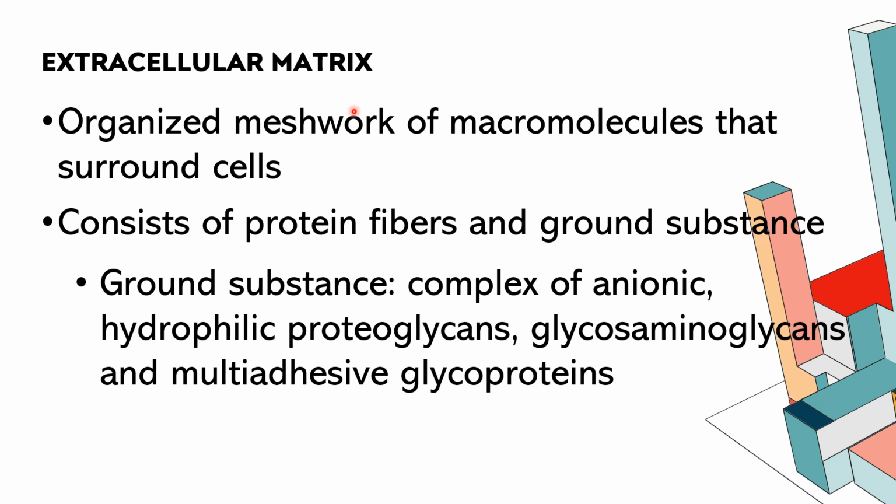Let's take a look at your extracellular matrix. This is an organized meshwork of macromolecules that surrounds your cells. Of course, the macromolecules present are your glycosaminoglycans, your ground substance, your proteoglycans and your multi-adhesive substances. Your extracellular matrix consists of protein fibers and ground substance.